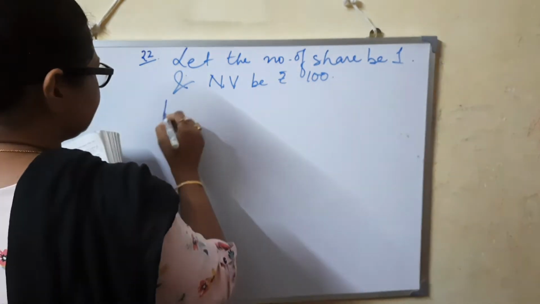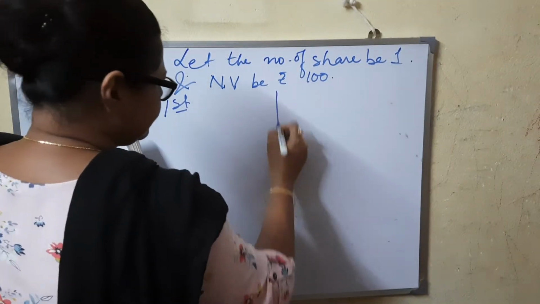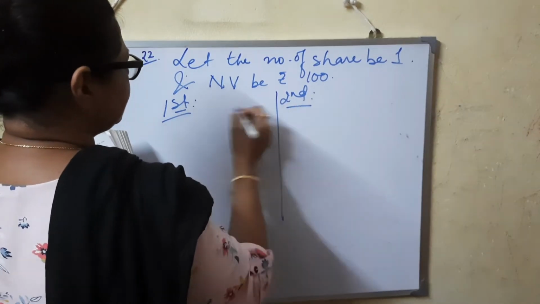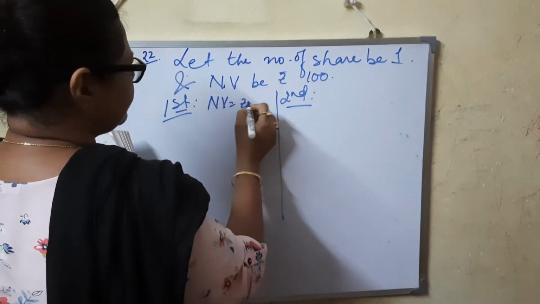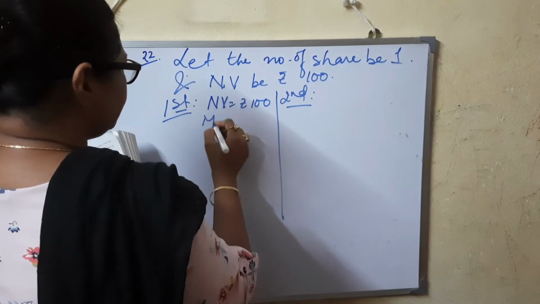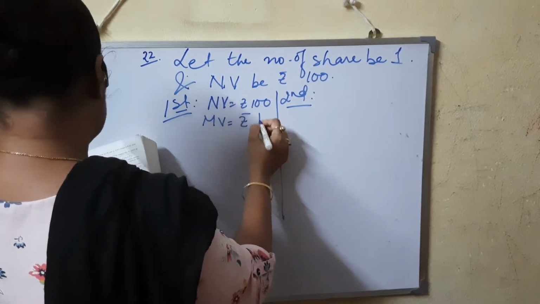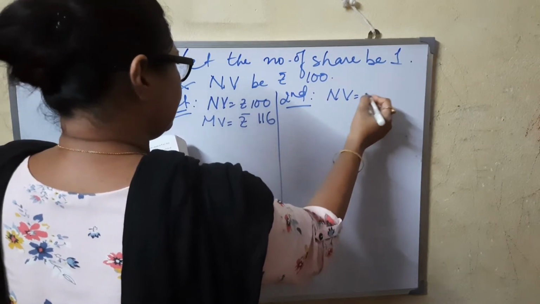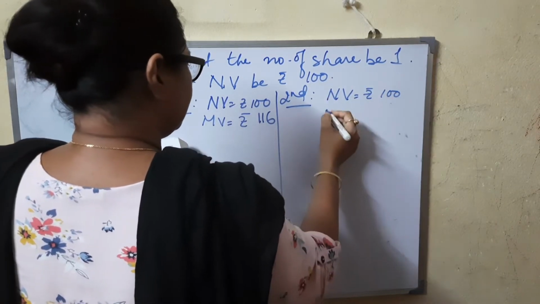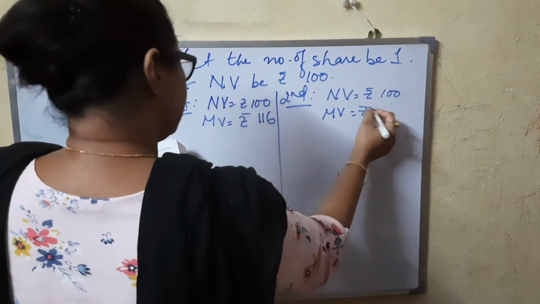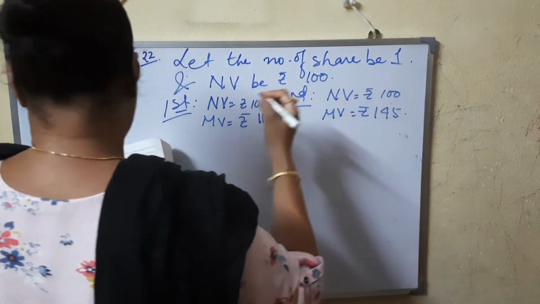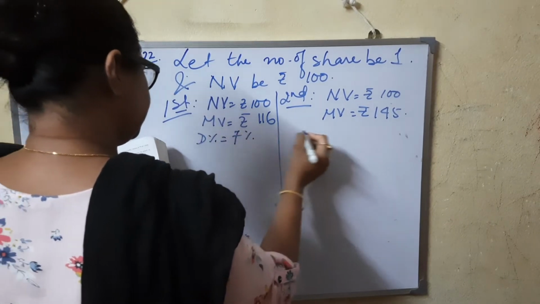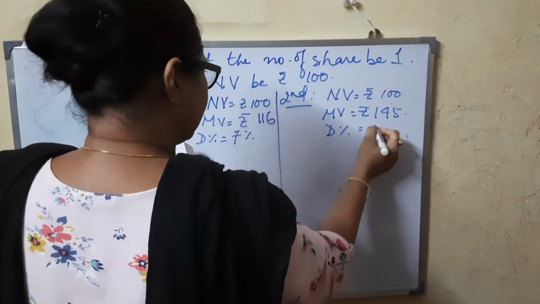So for the first case we see nominal value 100, market value 116. The second one also has the same nominal value 100, market value 145. Your dividend percent is 7% and here the dividend percent is 9%.